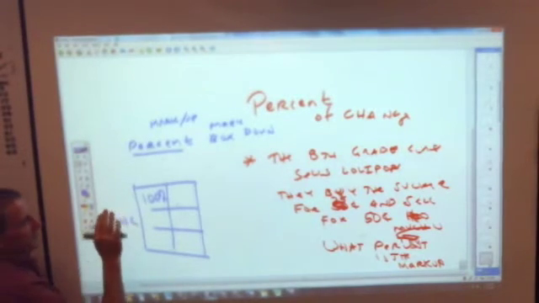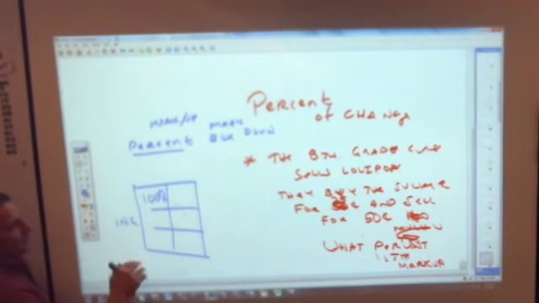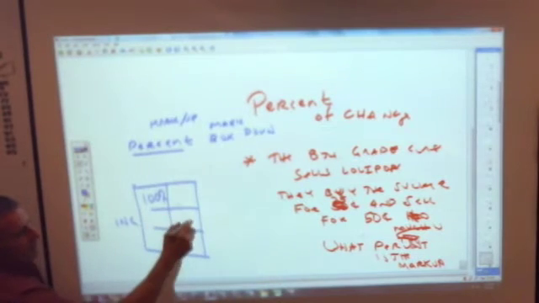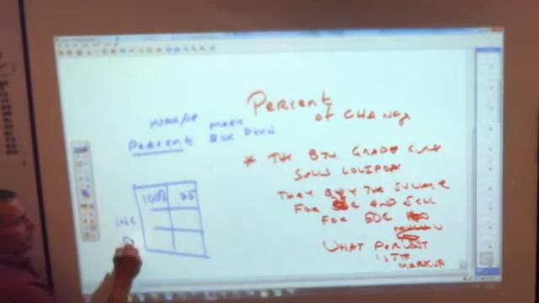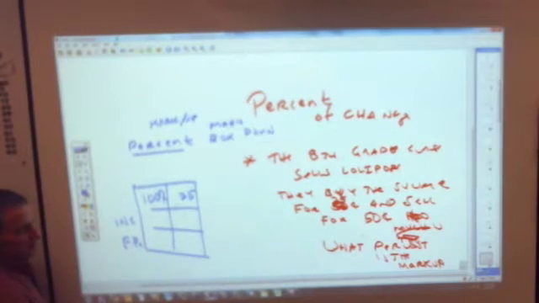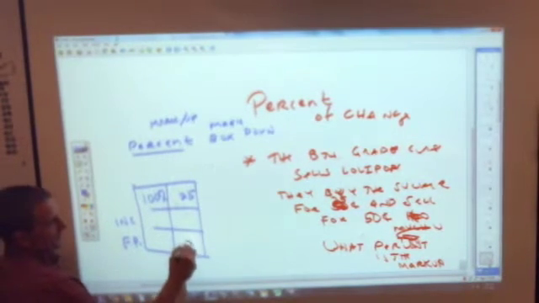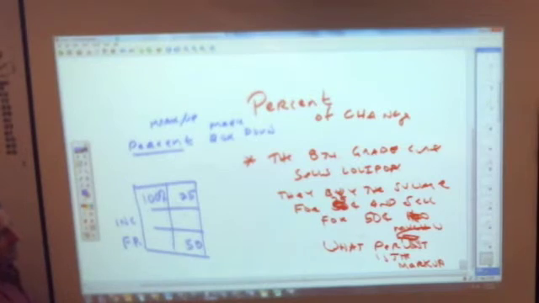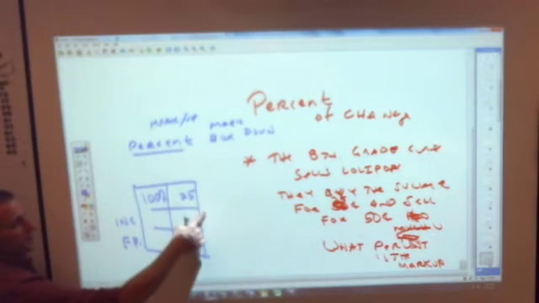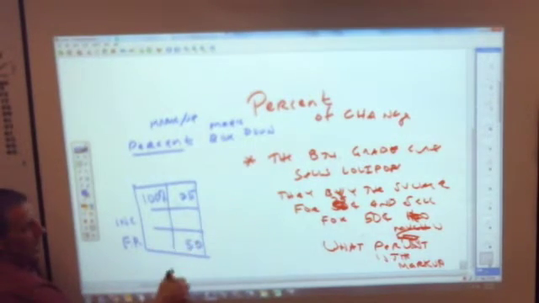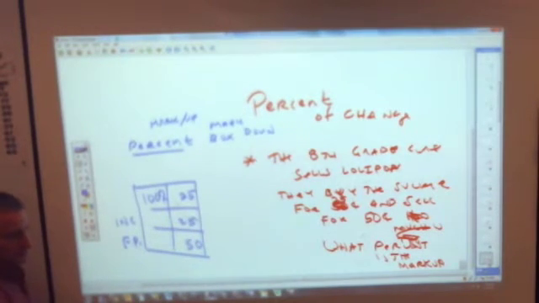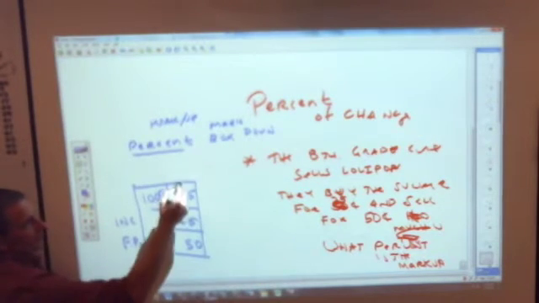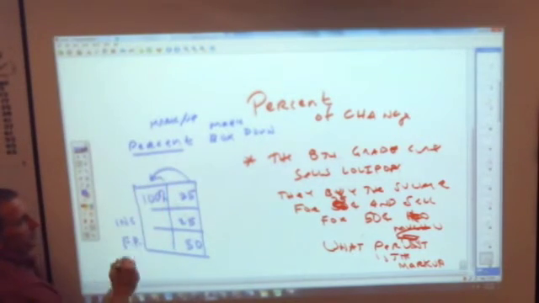For example, let's go with our lollipops. We know we bought it for 25 cents. Our final price is 50 cents. So how much increase was it to go from 25 to 50? It was a 25-cent increase, right? So how do I go from 25 to 100?